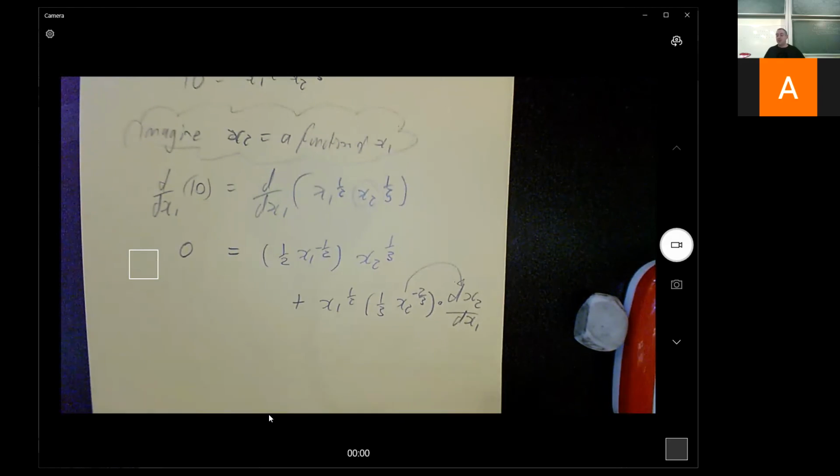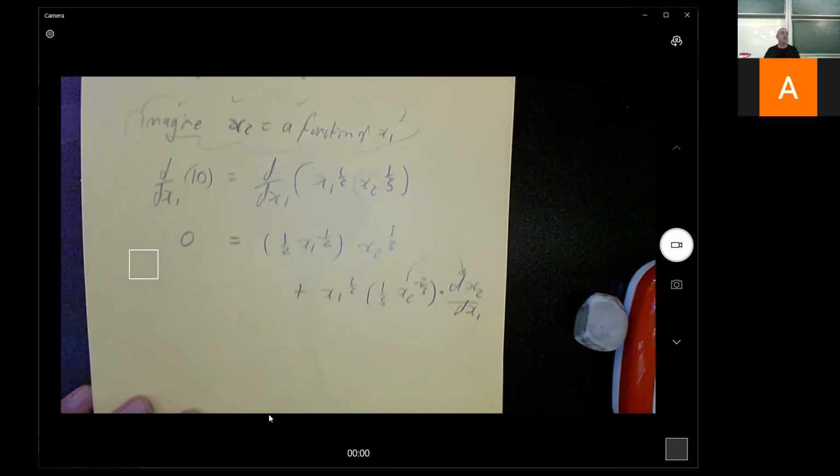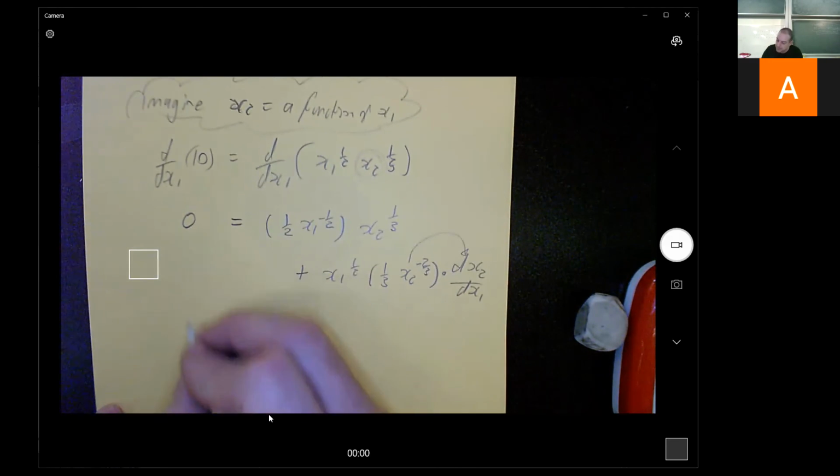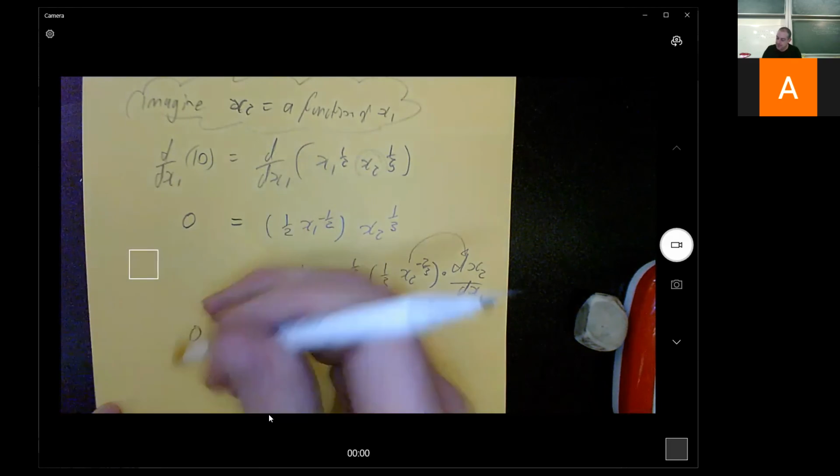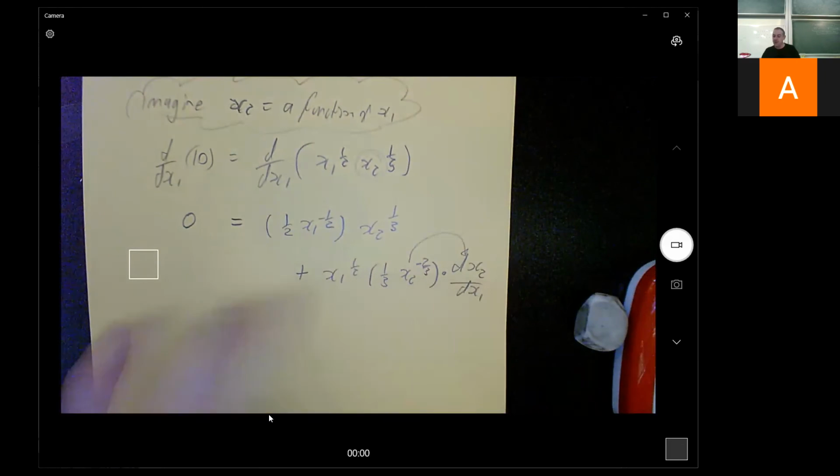And now I have this, which is whatever it is. And usually what you do at this point is you'd start rearranging it to get dx2 on dx1 equals something. And so I'd get, it's not pretty, is it? I'm just going to move this over here.